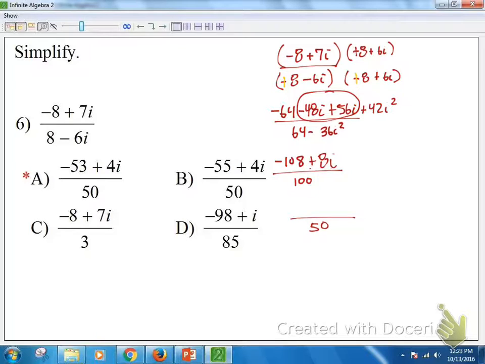And then now, while we simplify this, 2 goes in each of these. 100 divided by 2 is 50. That's where we got that. Negative 108 divided by 2 is negative 54. And then 8i divided by 2 is positive 4i. Did I make a mistake again? Oh my gosh. Oh, 56. Wow. Fix this again. Going too fast.